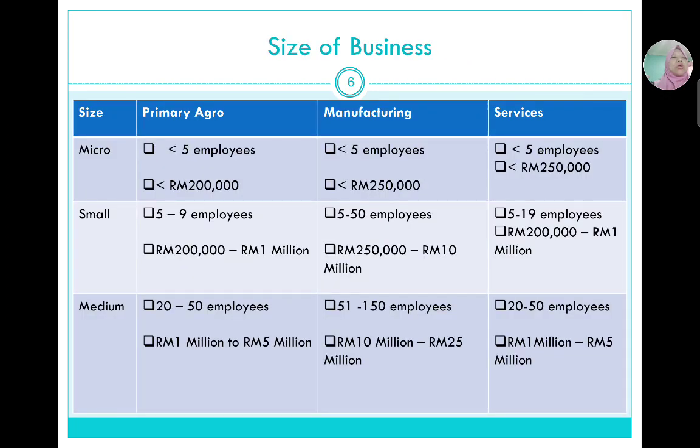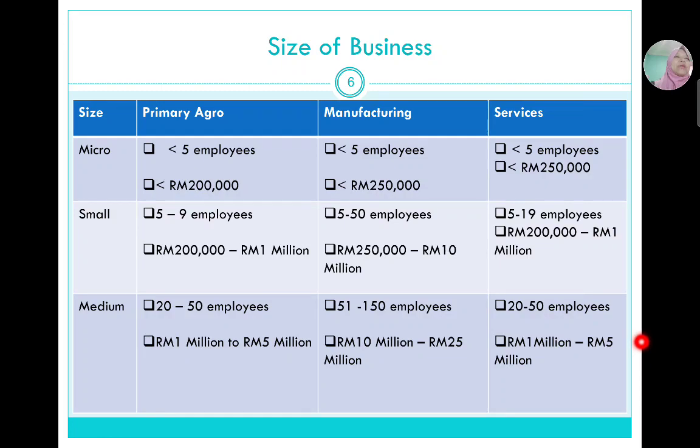So this is the size of the business actually. For less than 5 employees, that is micro business. If more than 5, it is under small, and if it's more than 20, medium, because the sector is divided into 3. We have primary, agro, pertanian; manufacturing, the factories; and services, perkhidmatan.